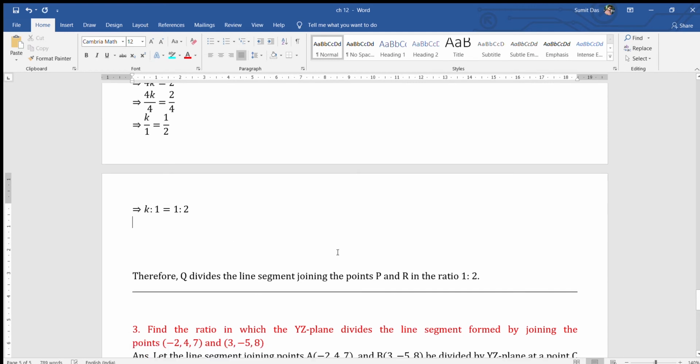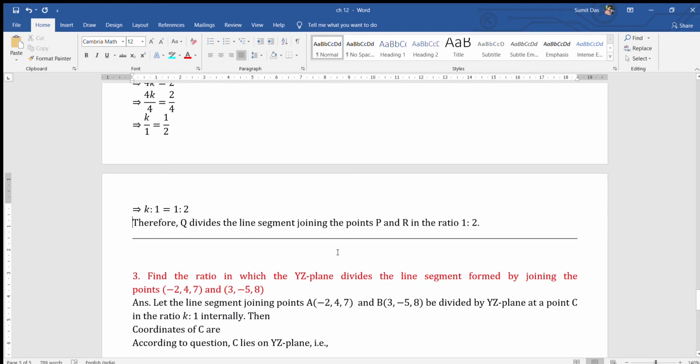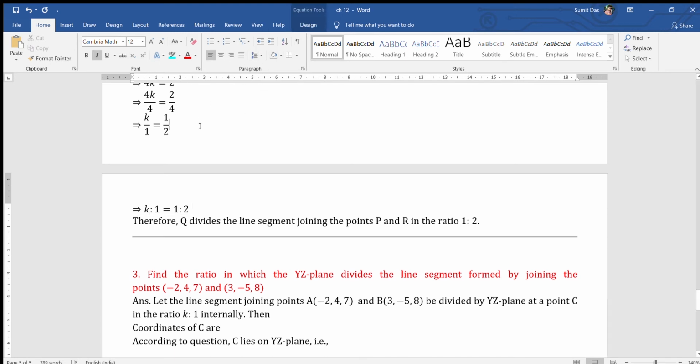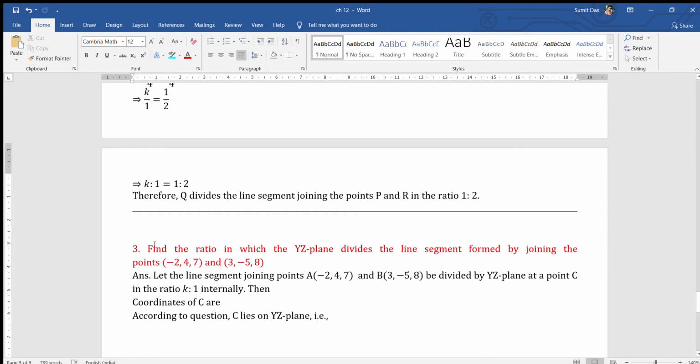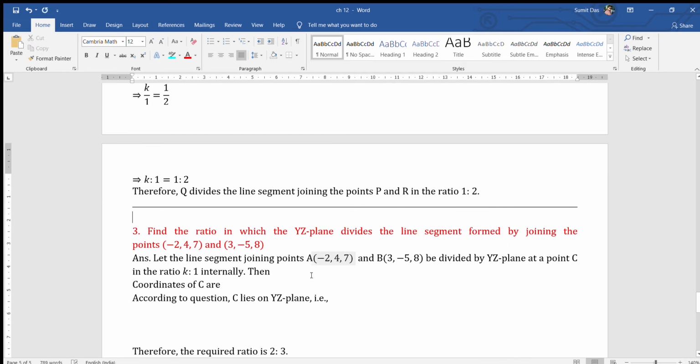So we have to write after that: therefore, Q divides the line segment in 1 is to 2. Then question number 3.